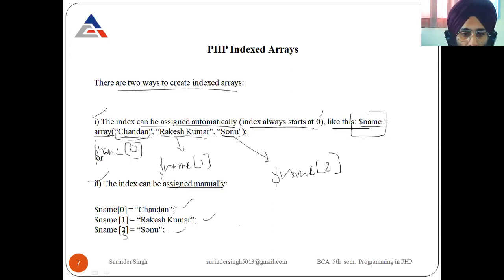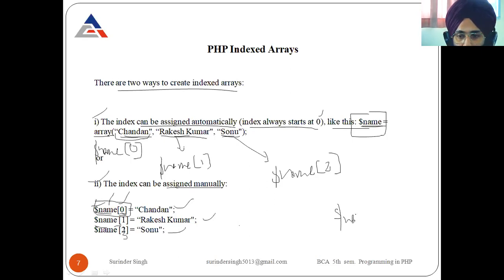This is the array name, this is the index value, and it is called a subscripted variable, which means it contains the name and the index value enclosed in square brackets.